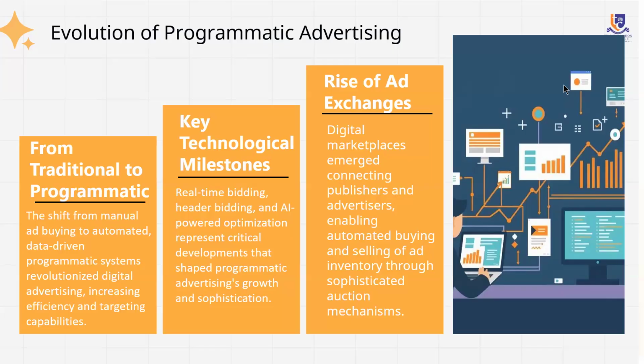Aside from that, we have AI-powered optimization, like I just explained, and these represent critical developments that shaped programmatic advertising growth and sophistication. Then there is the rise of ad exchanges: digital marketplaces emerged connecting publishers and advertisers, enabling automated buying and selling of ad inventory through sophisticated auction mechanisms.